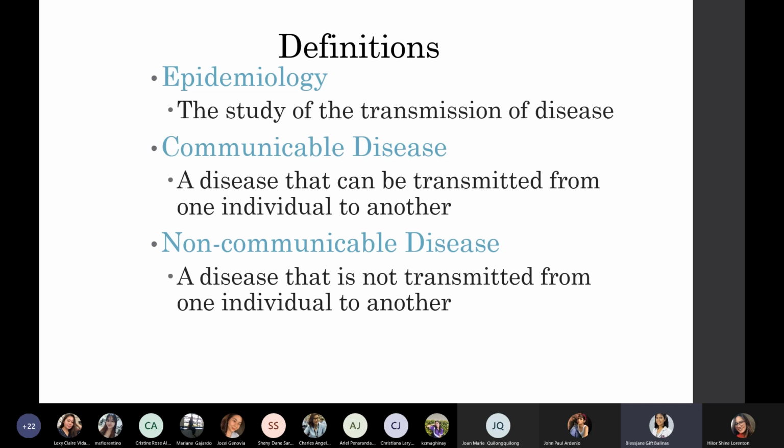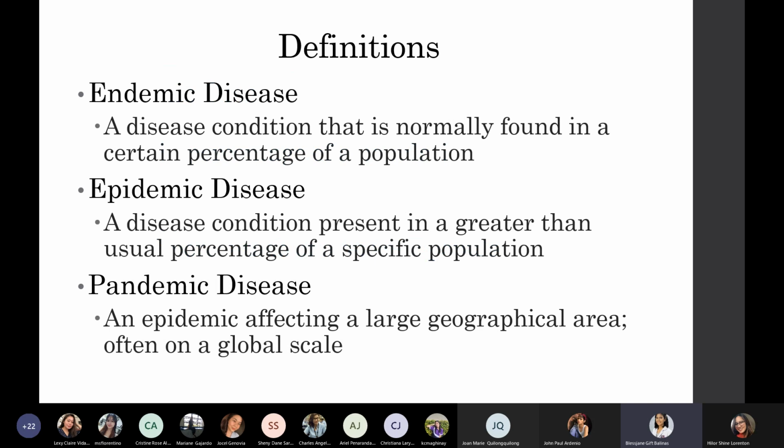Then epidemiology is the study of the transmission of disease. A communicable disease can be transmitted from one individual to another. A non-communicable disease, of course, cannot. Endemic means a disease condition that is normally found in a certain percentage of a population, like certain areas in the Philippines.